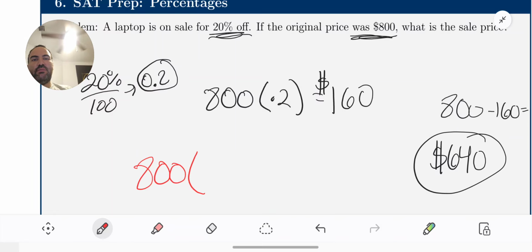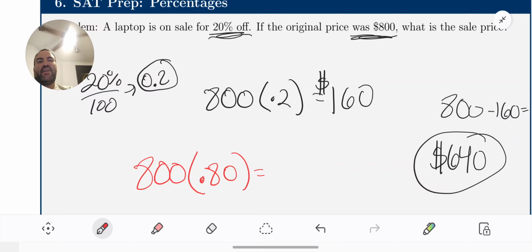You're not buying 20% of it. You're actually buying 80% of it, which is 0.8. I'm going to say it one more time. You're saving 20%, but what are you really spending? You're spending the rest, which is 80%. So if you're good at that, you can kind of shortcut this.